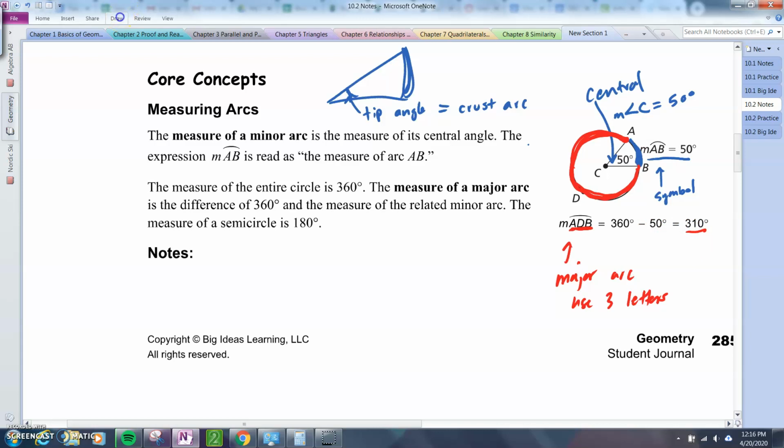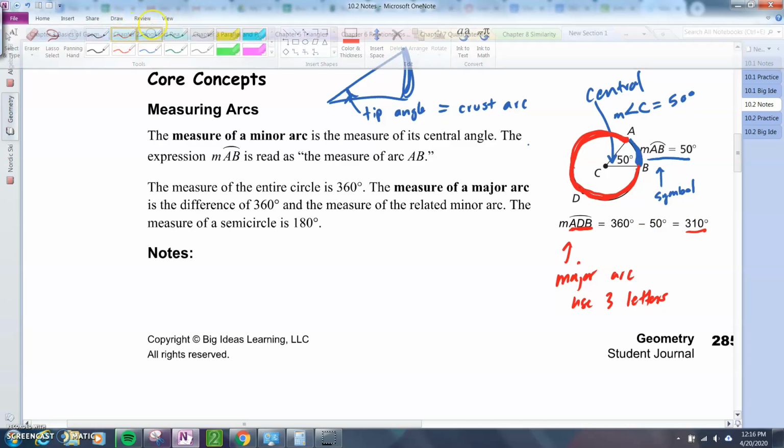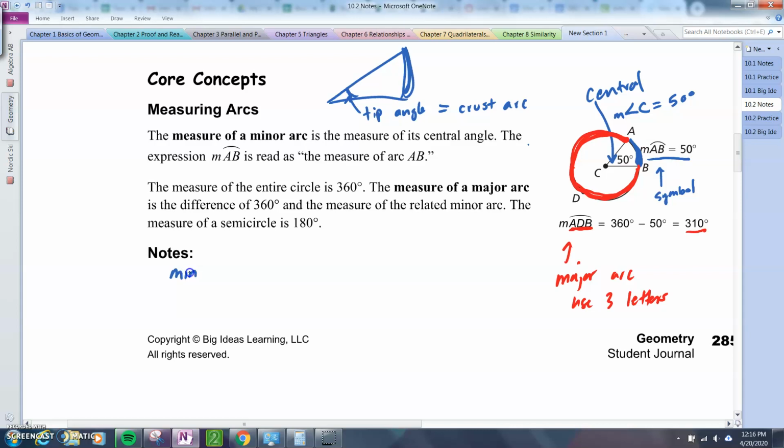So major things to remember here. Minor arc: you're going to use 2 letters, 2 points, let's say points instead. And we also know that it's always less than 180 degrees.